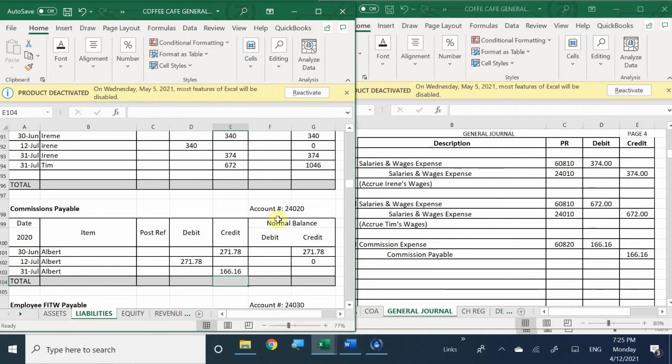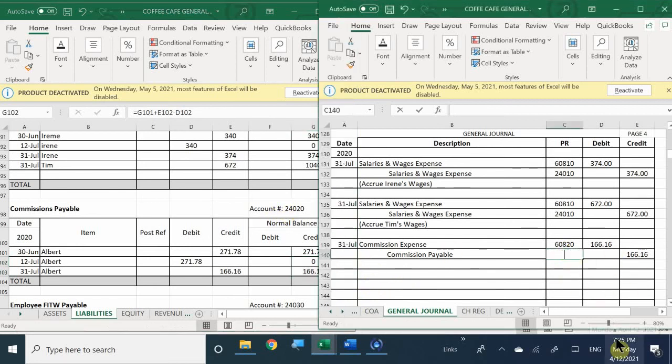So therefore, the account balance here is $166.16, and his account number is 2420. Again, I'm going to make a note here that this is for accruing Albert's commissions.